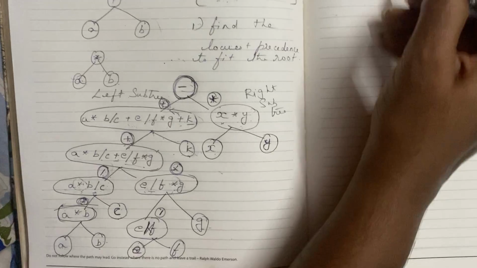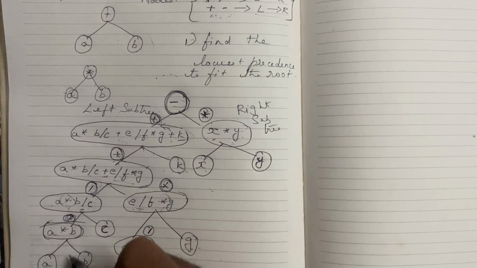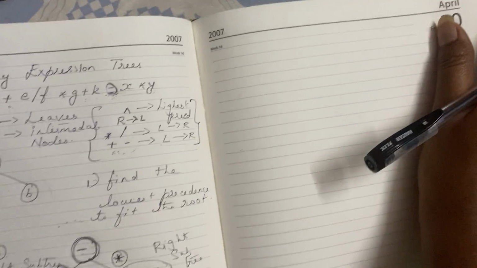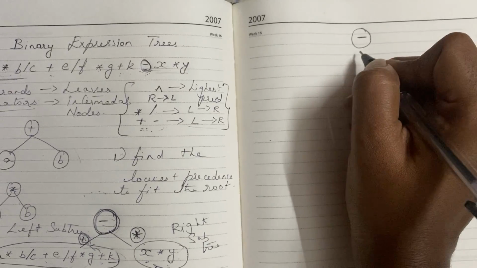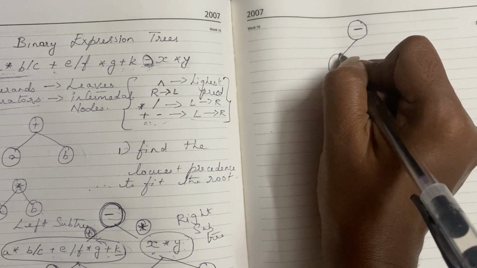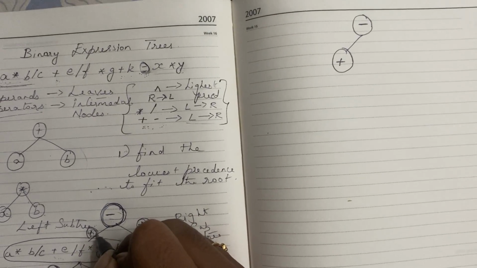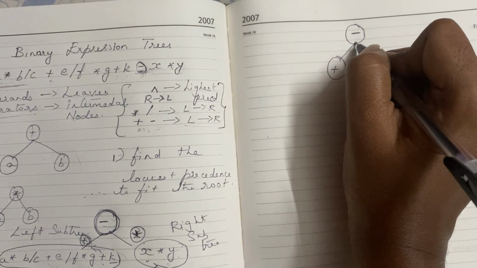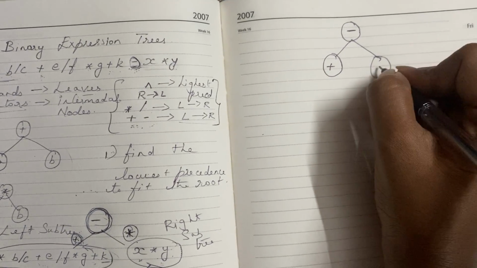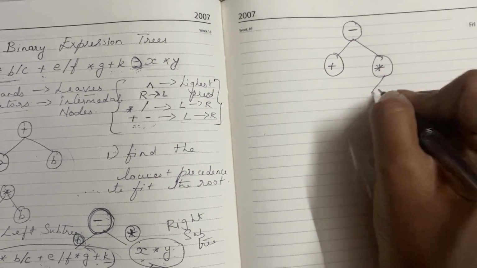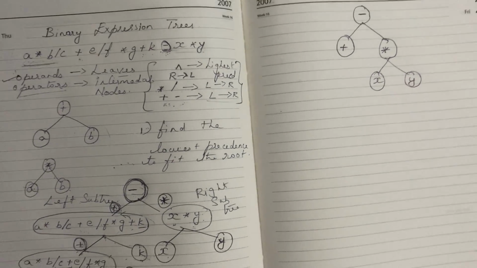So the output of this is what? How will you write it, eliminating all these equations? I have taken the symbol here. Okay, so we will write it up clearly here. So our expression tree is going to be minus at the root, and after that you had a plus symbol here. This side you have a multiplication, with x and y.